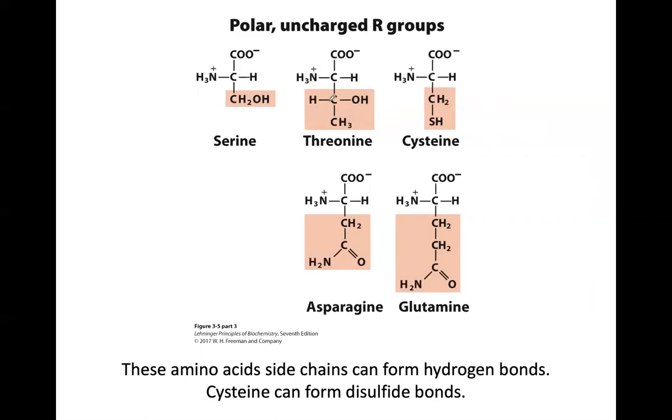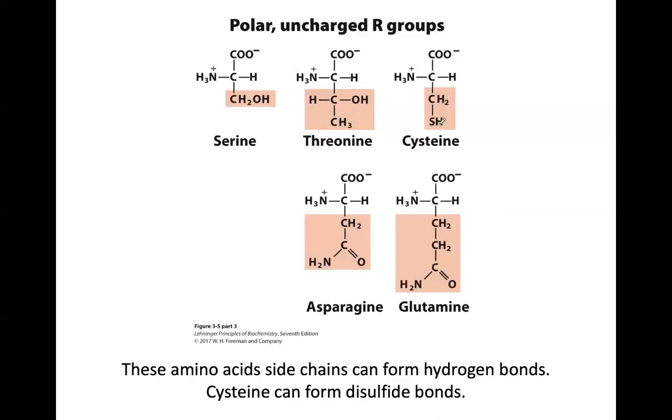Threonine, same thing. The only difference is this methyl group here. So serine and threonine are usually two amino acids which can be found in the same area because they can perform very similar functions. The only thing is threonine is slightly larger because of the methyl group, right? So it can occupy an additional hydrophobic pocket in a protein.